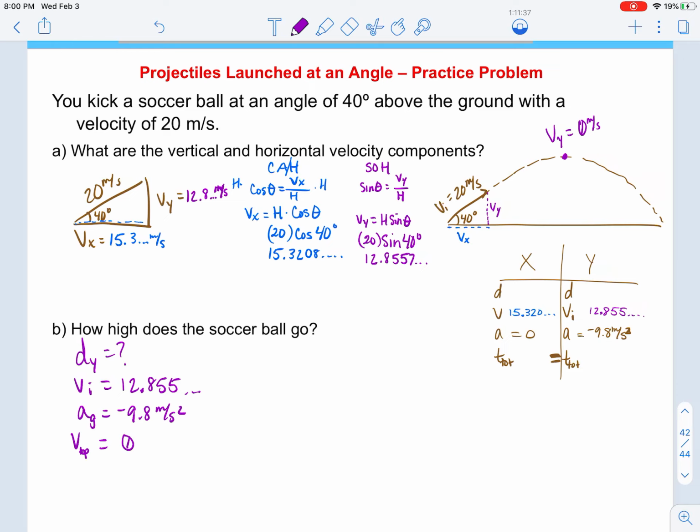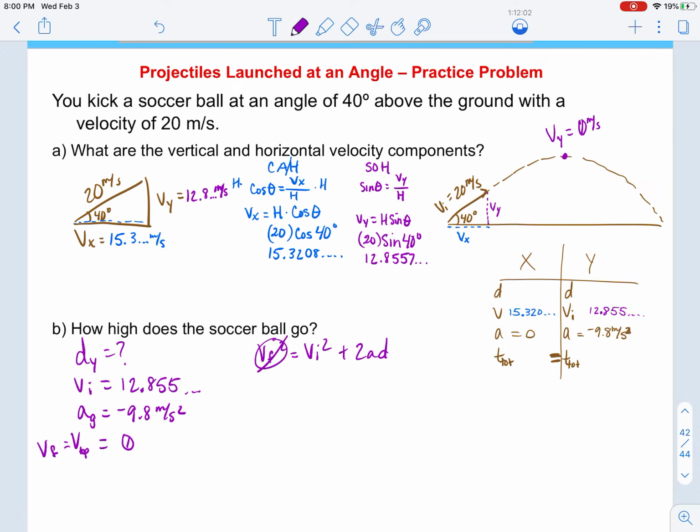Using my list of equations, this is going to fit into VF squared equals VI squared plus 2AD. The way that works is if I use my velocity at the top to serve as my final velocity for this calculation.